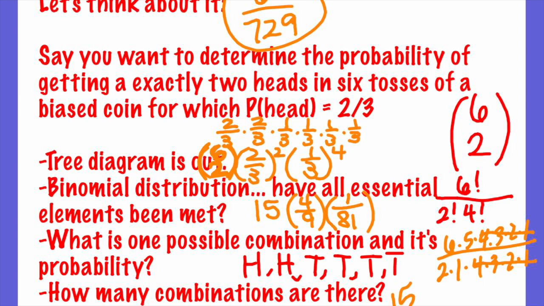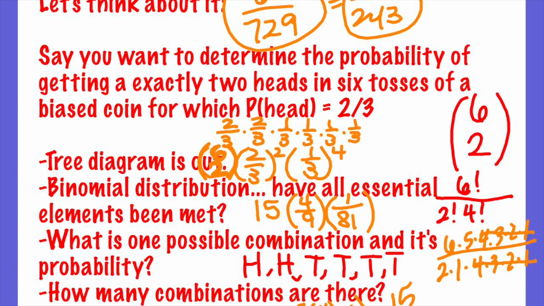You could have simplified it back here. Yeah, the 3 makes that 5 and turns that 9. So then you would have had 20 over 243. But that is how you use binomial distribution to determine that.